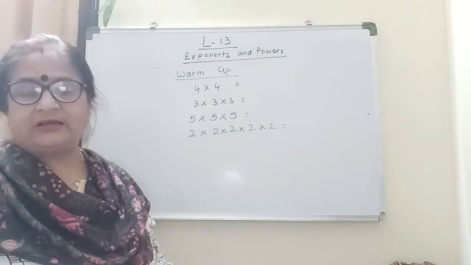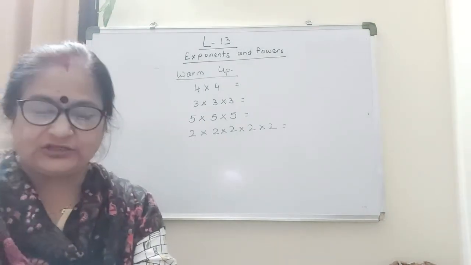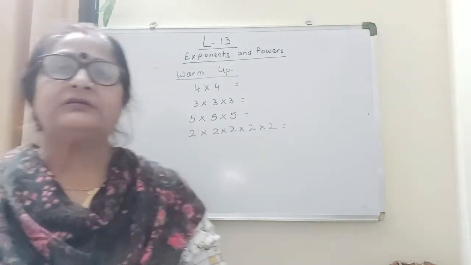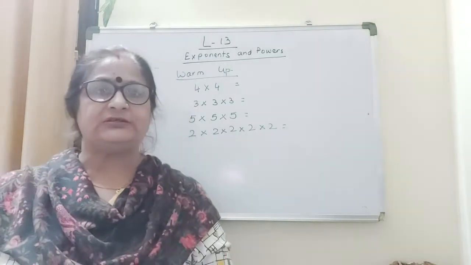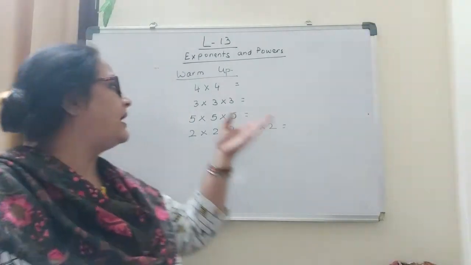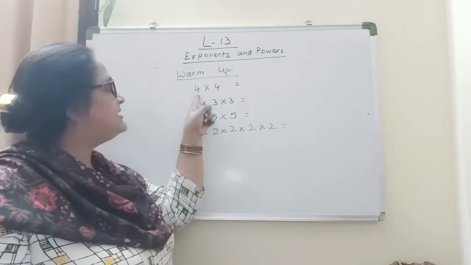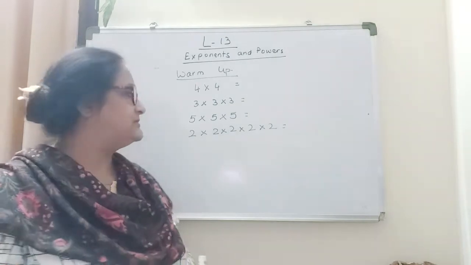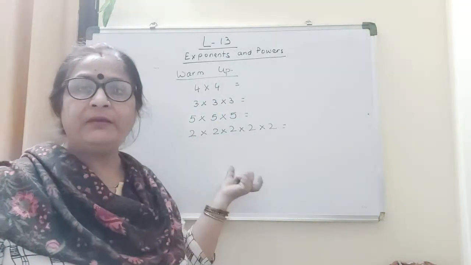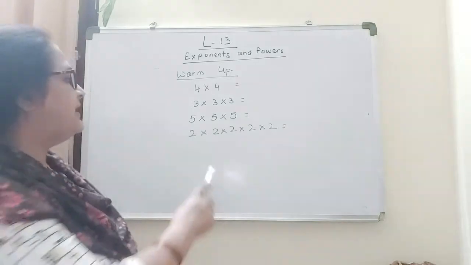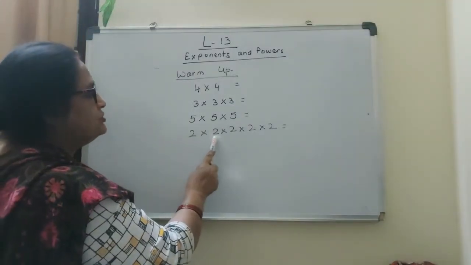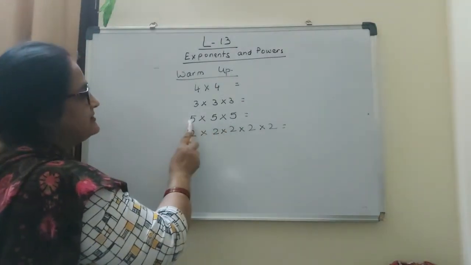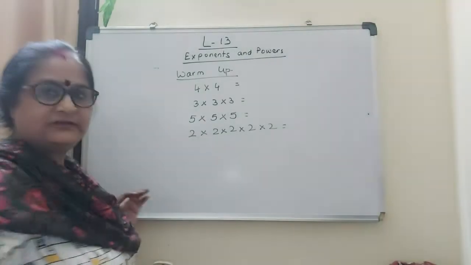So let's start up with what exponents and powers are. We come across in our daily life several situations in which we have to multiply the same number several times. Several times means many times. Okay? The same number may be multiplied many times. Like here, 2 is multiplied 1, 2, 3, 4, 5 times. 5, the same number, is multiplied 1, 2, 3 times.